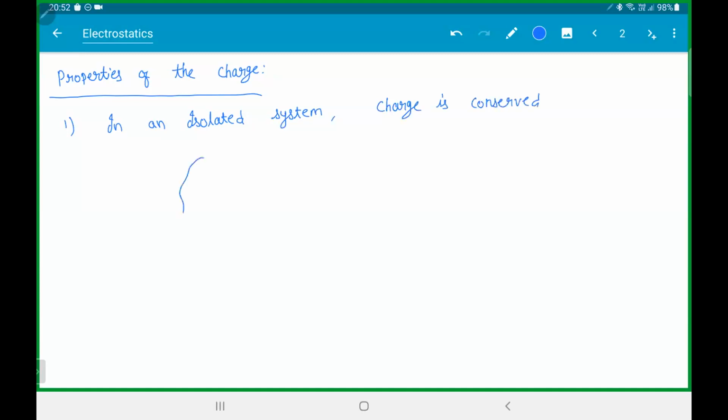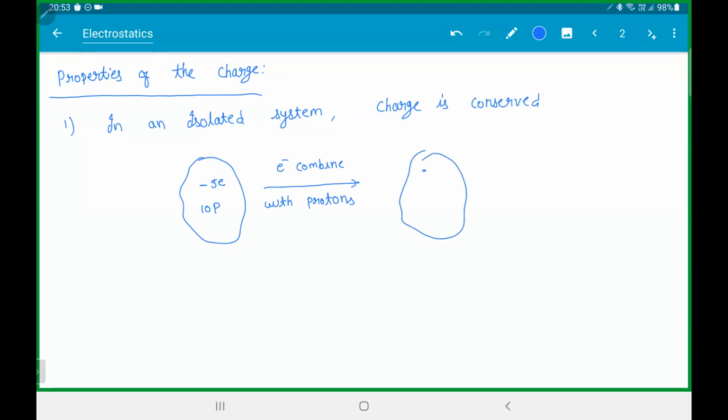Meaning, if you have a body with minus 5 electrons and 10 protons, and let's say the electrons combine with protons, and now you have minus 2 electrons, 3 neutrons, and 7 protons.